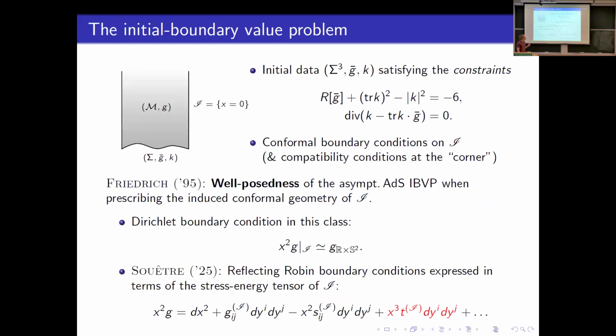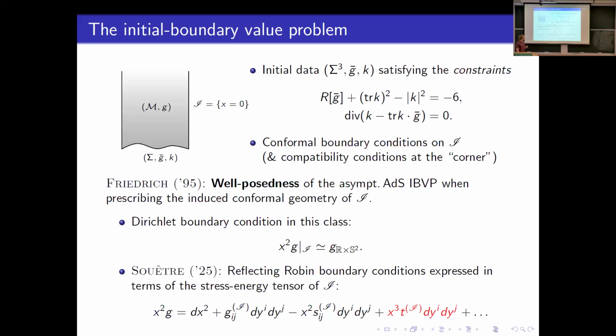So if one was to focus on the vacuum Einstein equations, like the prototypical system of hyperbolic nonlinear equations, then formulating the initial boundary value problem in a way that allows for well-posedness is non-trivial.